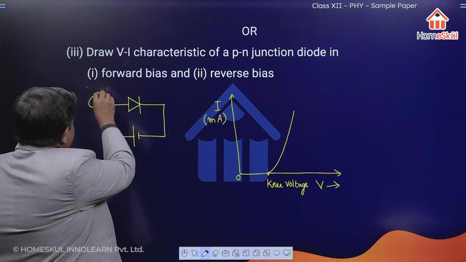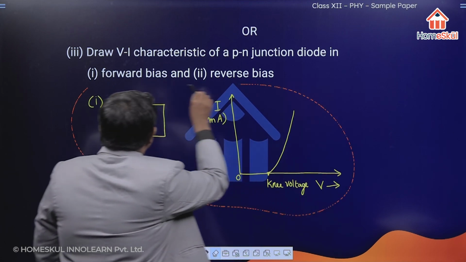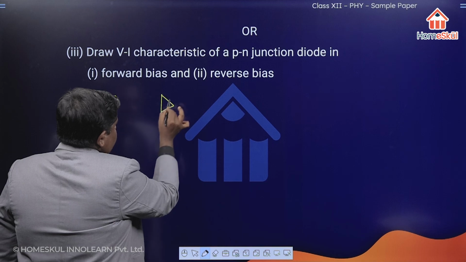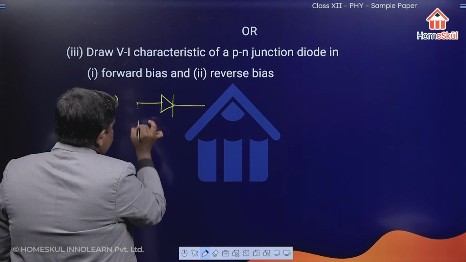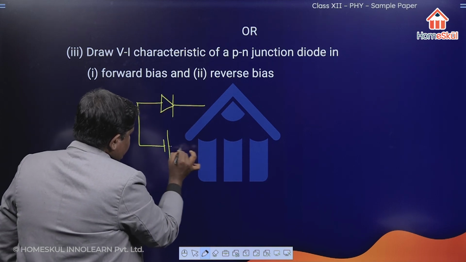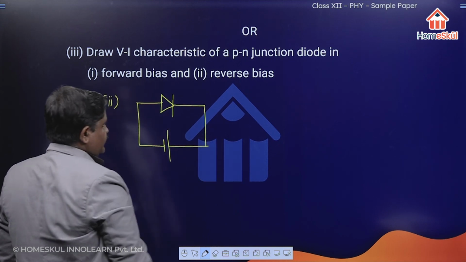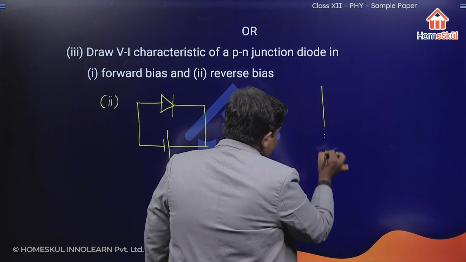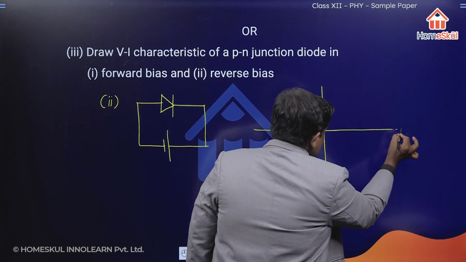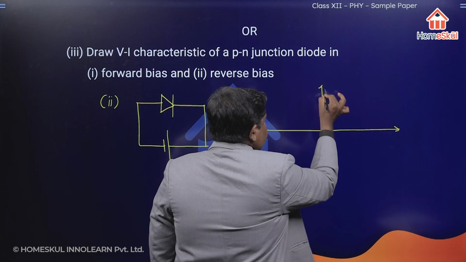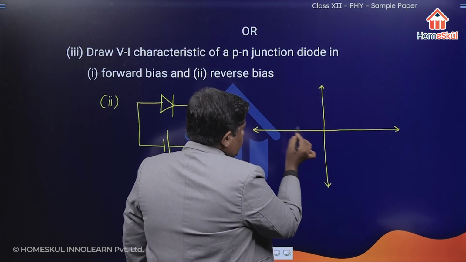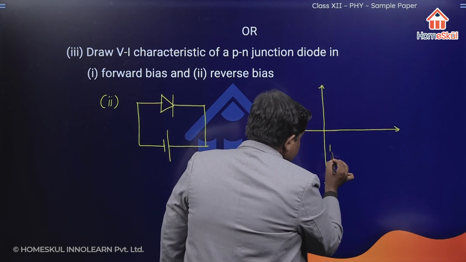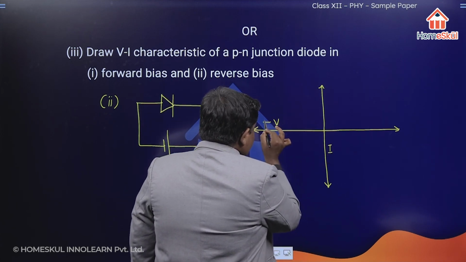Then second one is reverse biasing. In reverse biasing, the P region is connected to the negative terminal and the N region is connected to the positive terminal. When we draw the graph, it will be in the third quadrant. So this is the current I and this is the voltage.